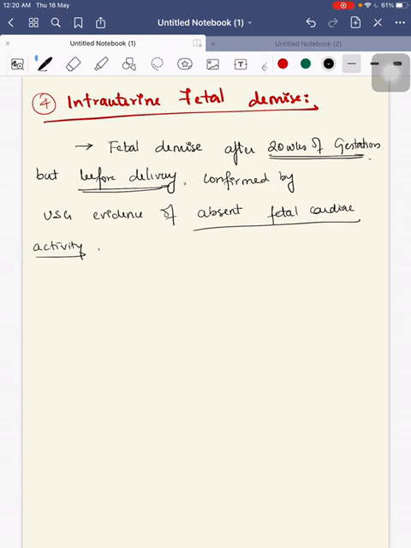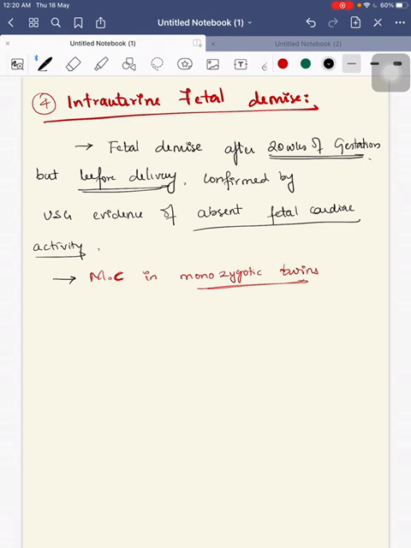The risk of intrauterine fetal demise is more common in monozygotic twins. So what risks can occur if there is an intrauterine fetal demise? Almost all the monozygotic twins have placental vascular connections.